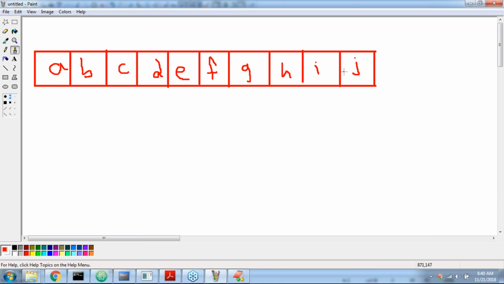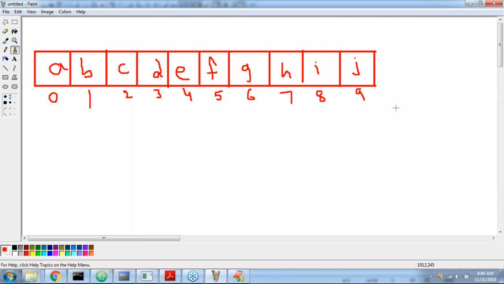Now take very special care, sir. What are the indexes? Can you please tell? 0, 1, 2, 3, 4, 5, 6, 7, 8, 9. That's it, 0 to 9. These are the valid indexes, right?